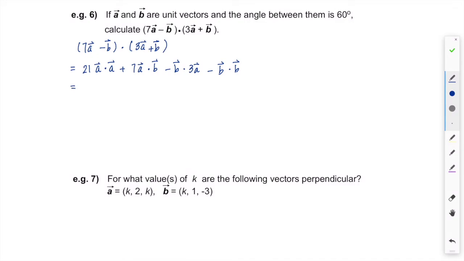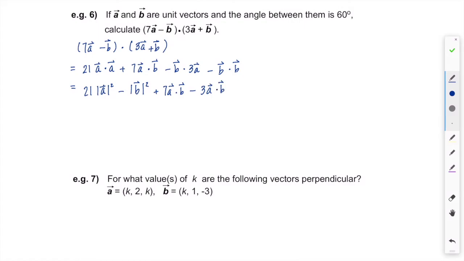Here I know that 21a dot a is 21 times the magnitude of a squared, minus, let's do b dot b first, so this is the magnitude of b squared, plus 7a dot b. I'm going to apply the commutative property. So b dot 3a is the same as minus 3a dot b.